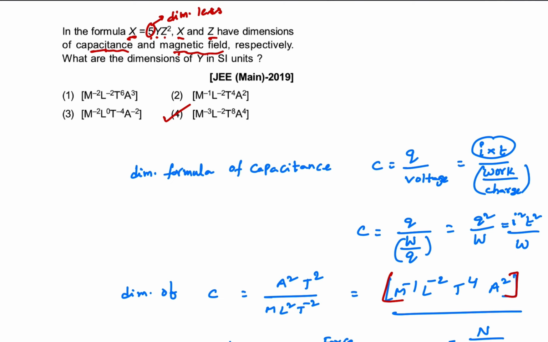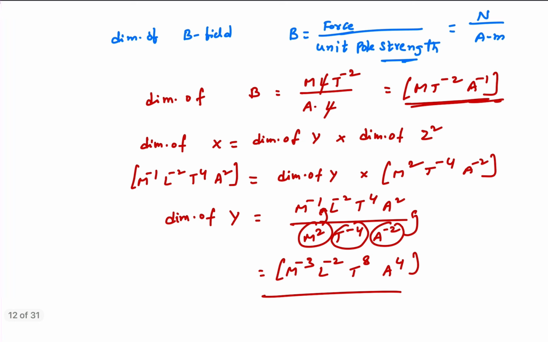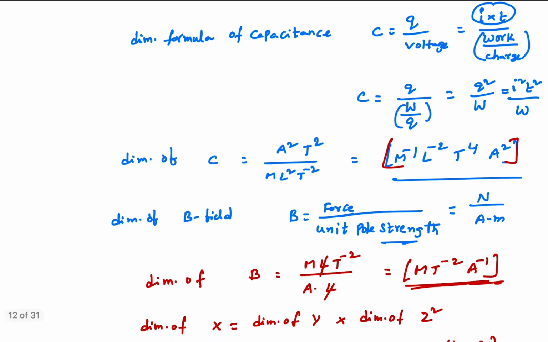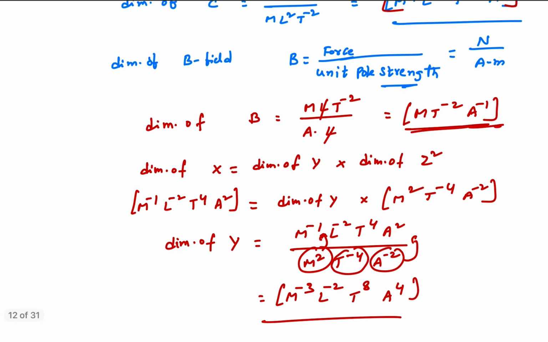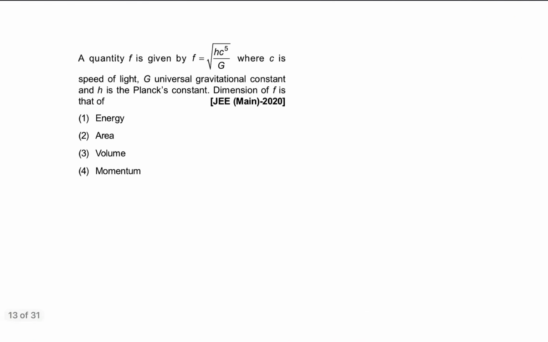Few fundamental physical quantities and derived physical quantities we have to remember. By knowing any relation between the different physical quantities, you can write the dimensional formula of any kind of derived physical quantity.